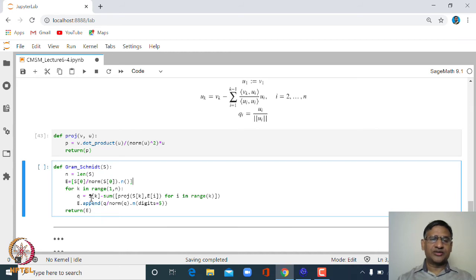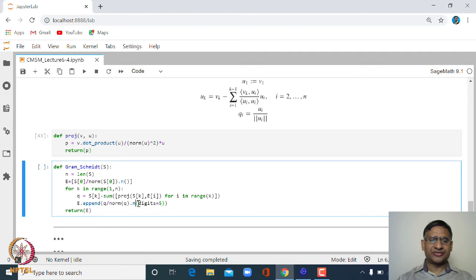So what is it? Define q to be sk, which is the kth element in S. From that you take out the orthogonal projection of sk onto ei, where i goes from 0 to k minus 1. So that is what this loop is, and then append inside E the unit vector, that is q upon norm q.